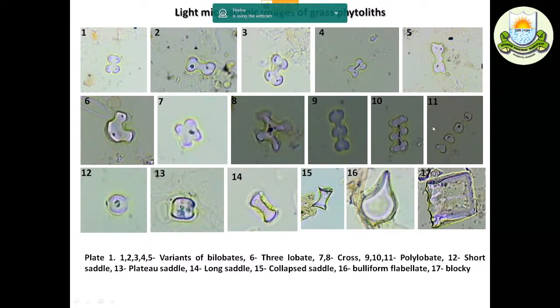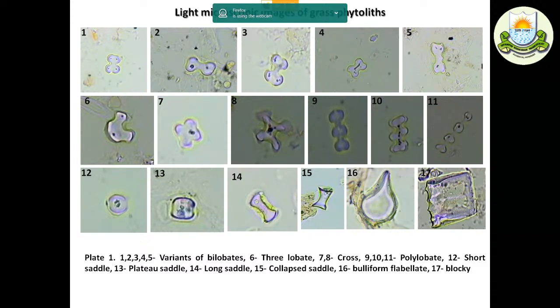This type of lobate morphotype is more abundant in members of the Panicoideae subfamily of Poaceae. First I should mention that there are 12 subfamilies of Poaceae, among which Panicoideae are the warm and moist loving grasses.